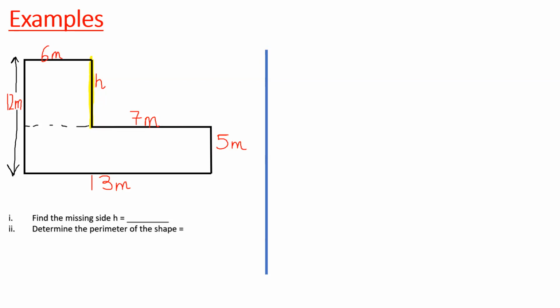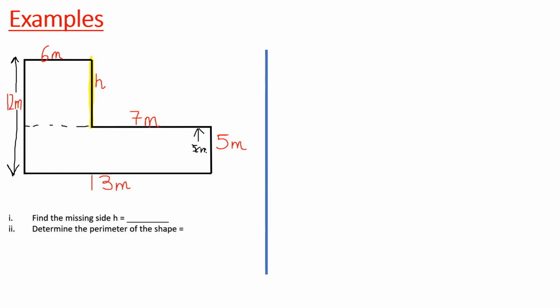Now, is H 12? Can't be, because it's too long. H is a part of 12, but what part of it? You know that this side from here to here is what? 5. Okay, that's 5.